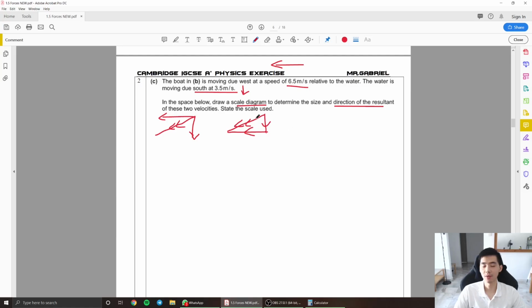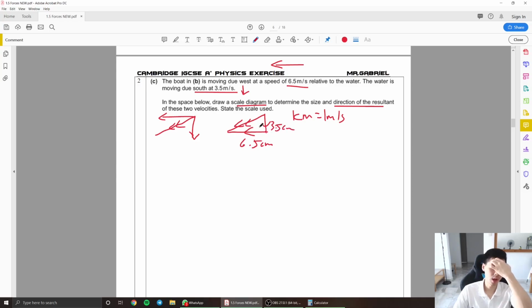From here, once I have this diagram, I'm going to draw my scale, which in this case will most likely be 1 cm equals 1 meter per second. From here, I know for a fact that this should be 6.5 cm, and this should be 3.5 cm here.